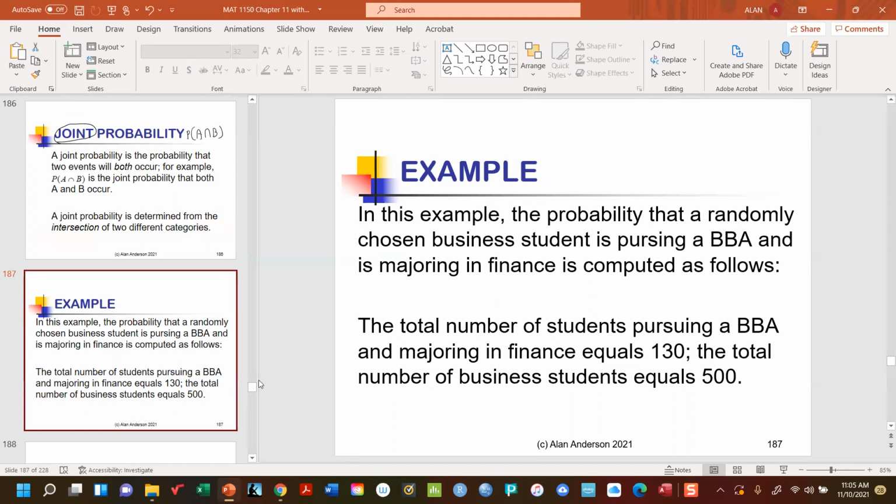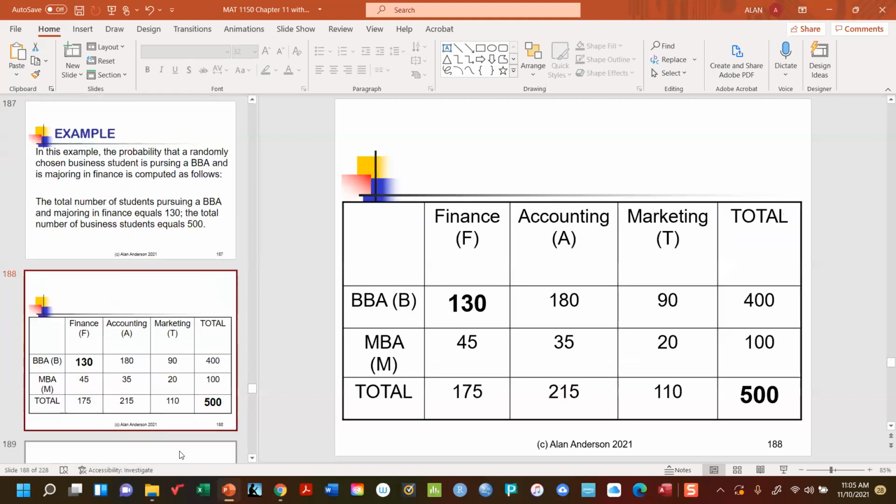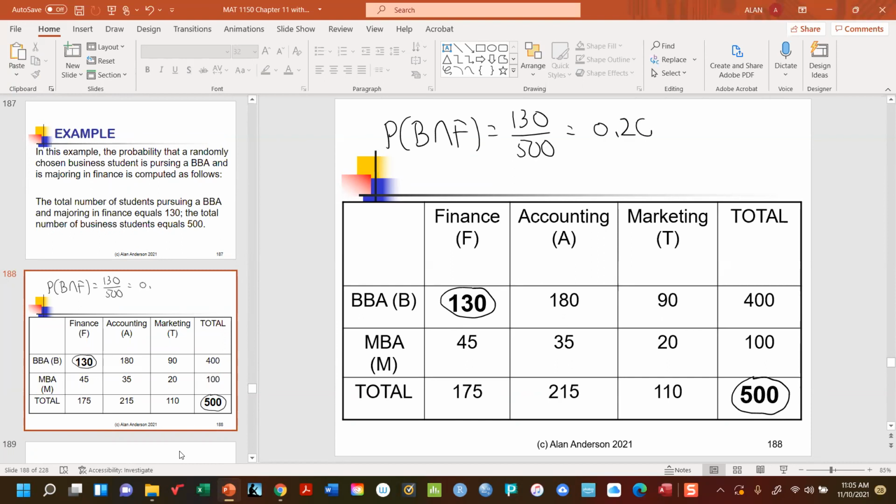Well, it's very simple because here's what we're actually doing. We find how many students are getting their bachelor's degree in finance, and then we find out how many students there are all together in the business school. And so this probability, which is written as the probability of B and F, is 130 over 500, or 26%.